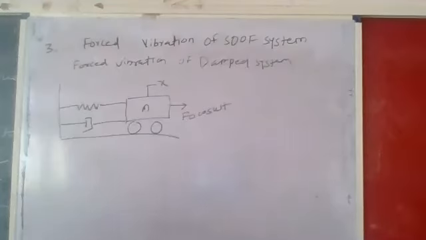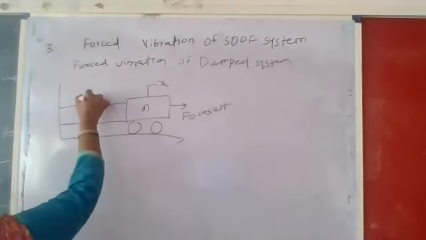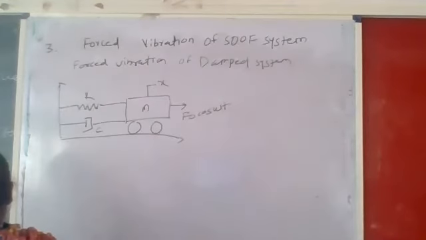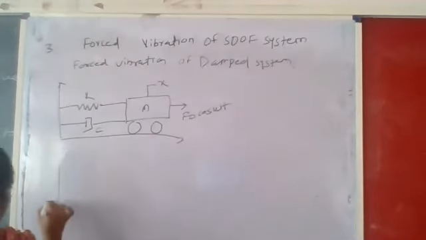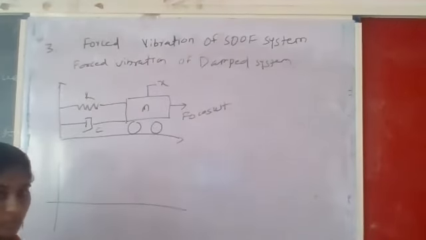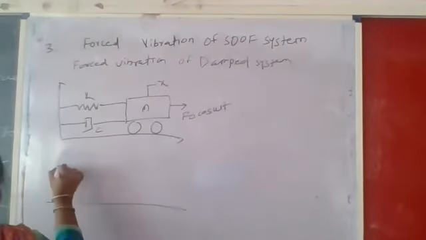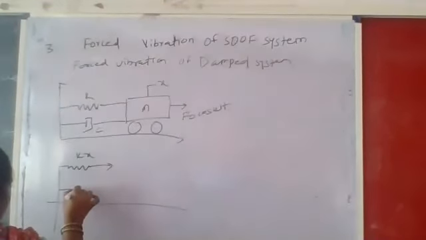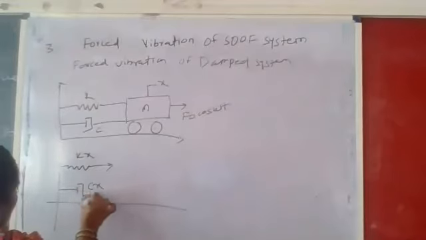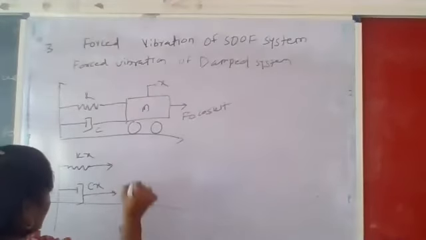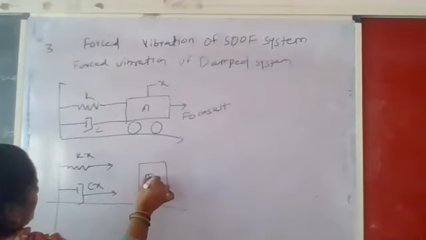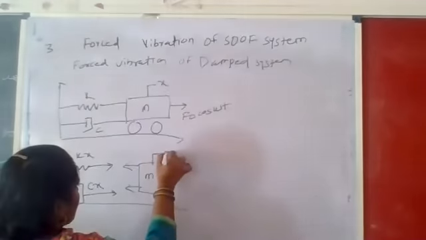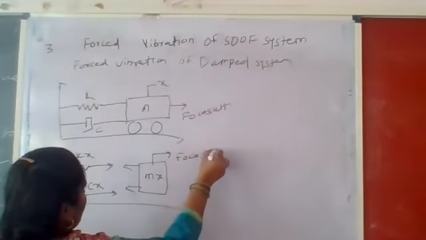All of you draw this diagram. Here this is K, this is C, and if we take the free body diagram of this, we get Kx, Cx dot, and Mx double dot opposed to these, and there is a force F naught cos omega t.